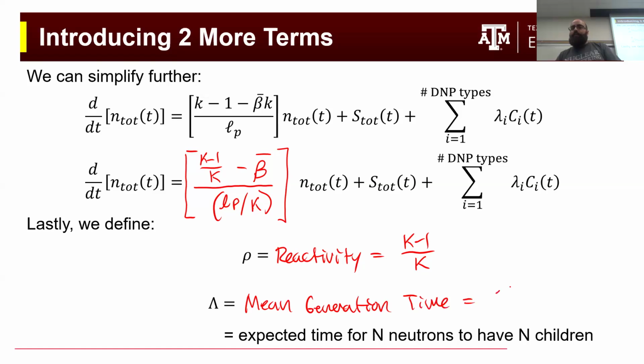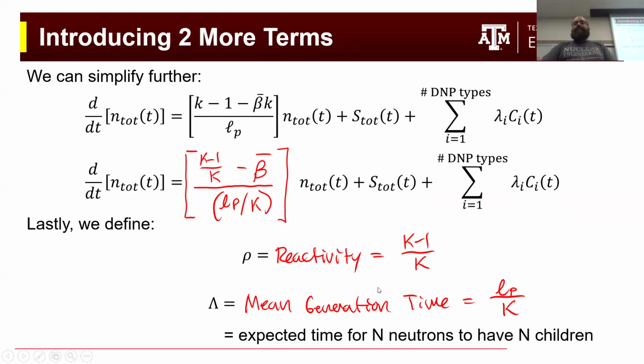By definition, it's LP over K, and that's supposed to be a subscript. And as the name suggests, the mean generation time is the expected time for n neutrons to have n children.